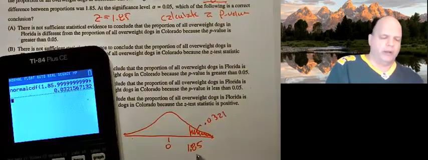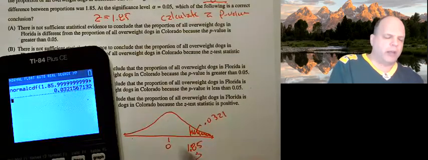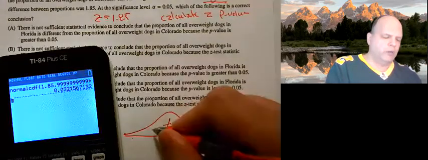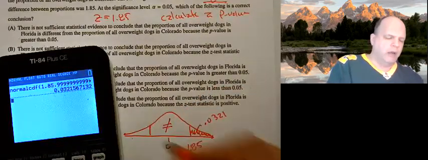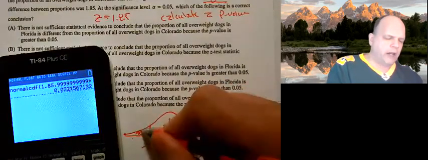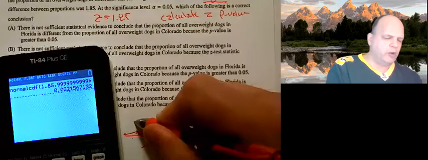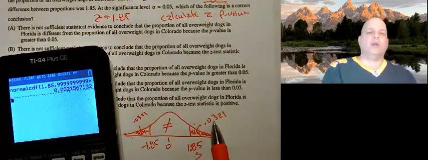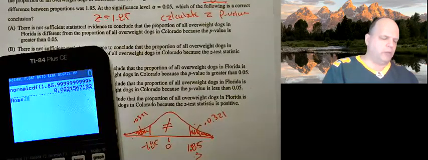But hold on, we only went one direction. We only did a greater than, and this is a not equal to. So I also need for negative 1.85, and I don't even have to calculate it because it's symmetric, which is 0.0321. And so once you've calculated a one tail, you have to double it, so times 2.